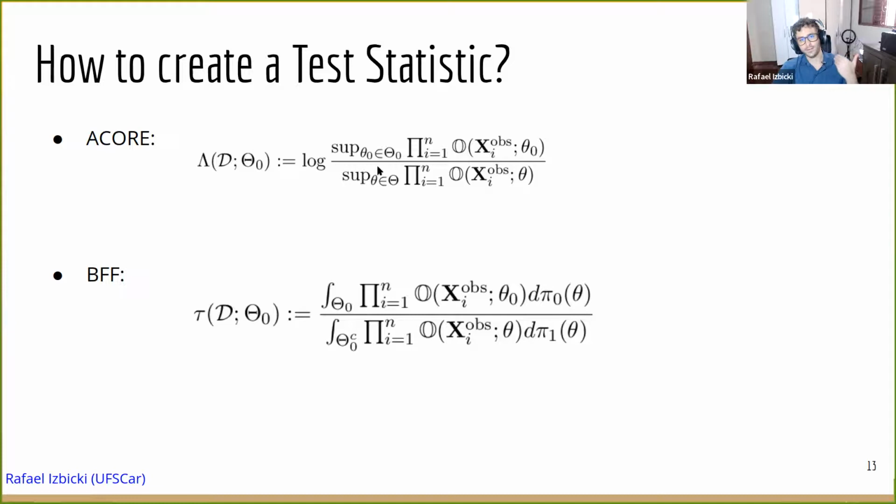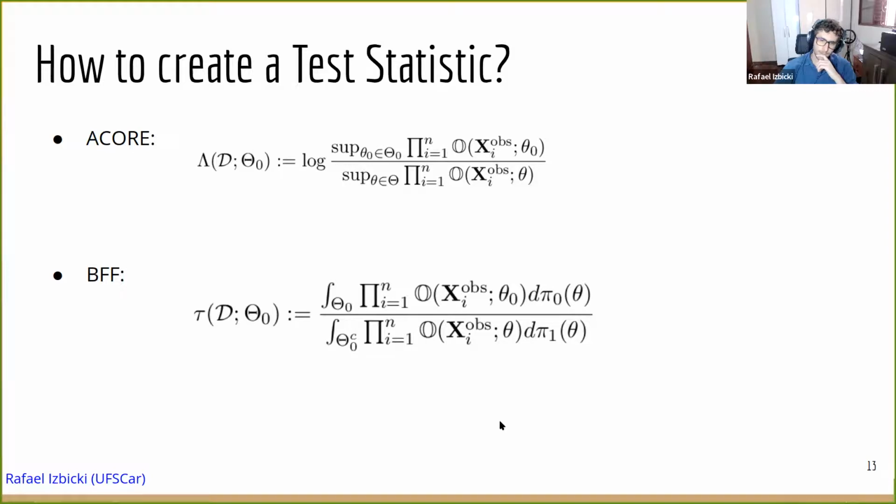But of course, we don't have the odds, so we plug the estimates of the odds into this equation, and we get an estimate of the likelihood ratio statistic. We also use what we call BFF, which stands for Bayesian frequentist factor, because it's the Bayes factor, but we use it with a frequentist goal later, which replaces maximization by integration.